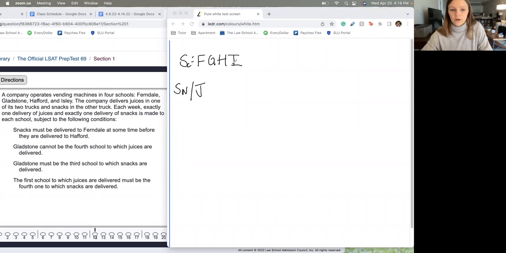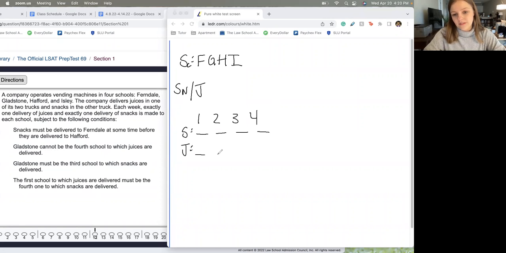So we have 4 variables for schools basically. So I'm going to have 4 spots, 1, 2, 3, 4, and then I'm going to treat row 1 as my snacks, row 2 as my juices. So I'm going to have snacks up here, juices down below, and I'm going to have my spots here. So my variables actually become my schools.